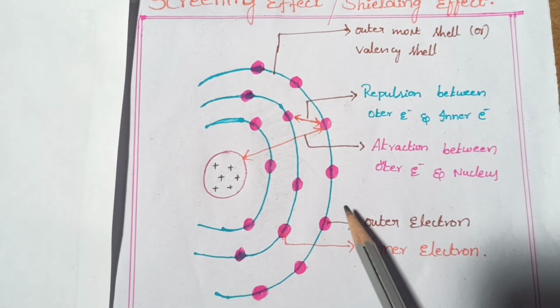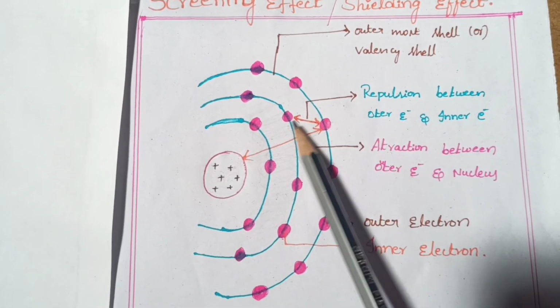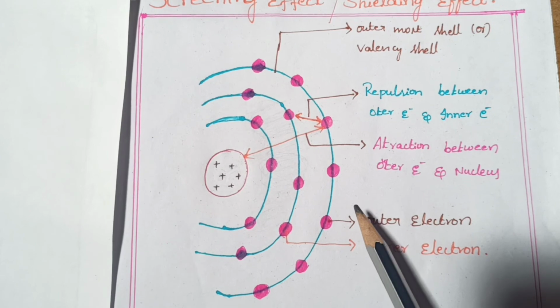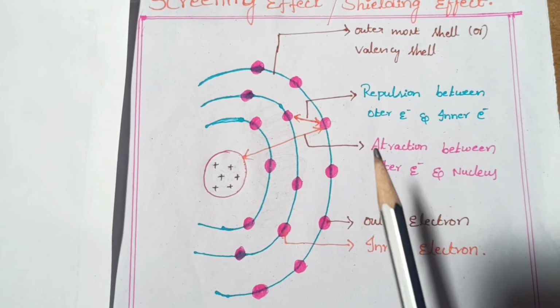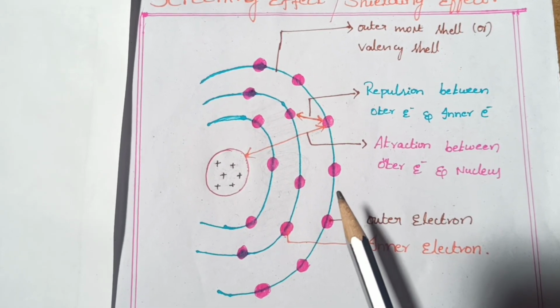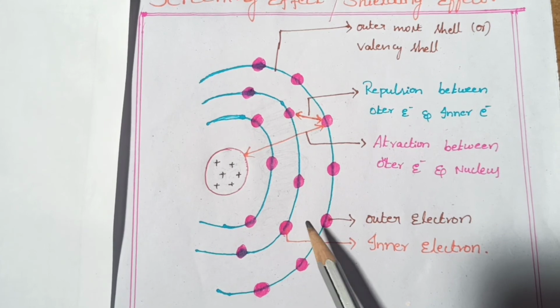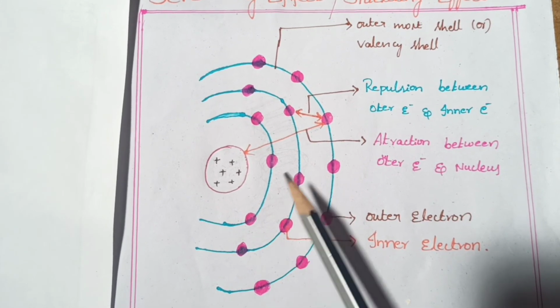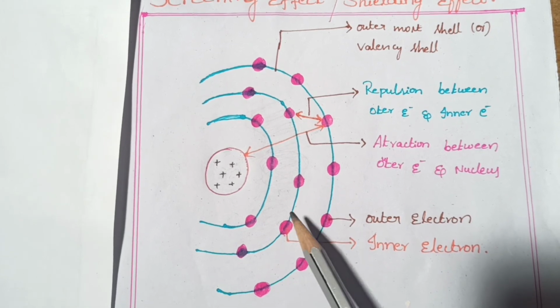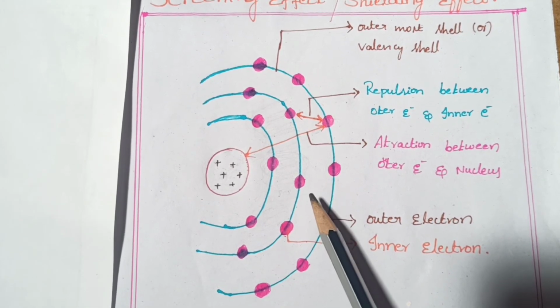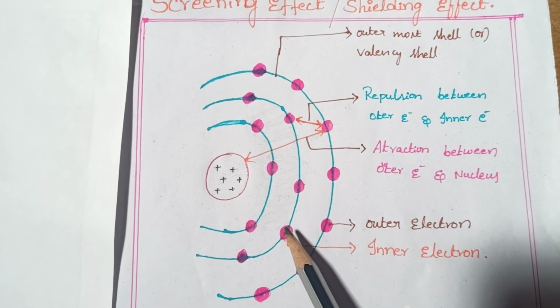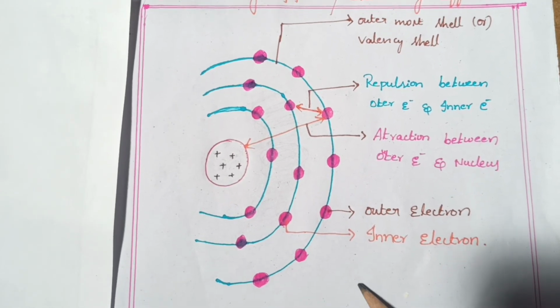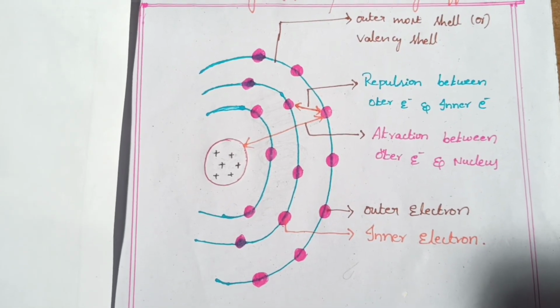The screening effect is calculated by using one constant formula. So this screening effect is calculated with a constant. That constant is called the screening constant or shielding constant. This is represented with sigma, right?